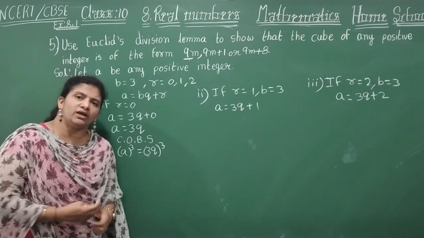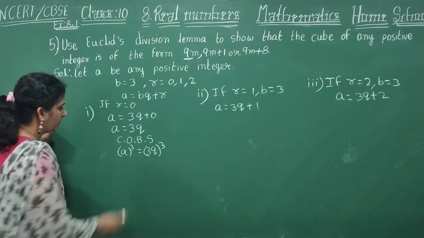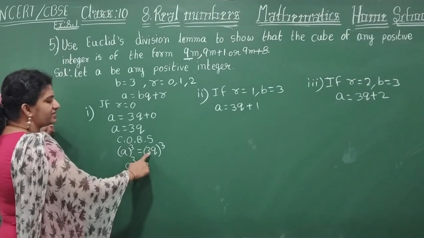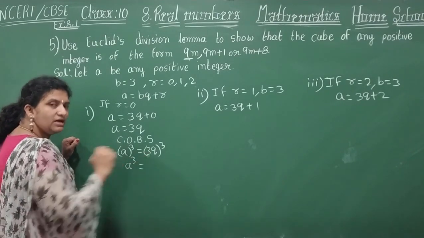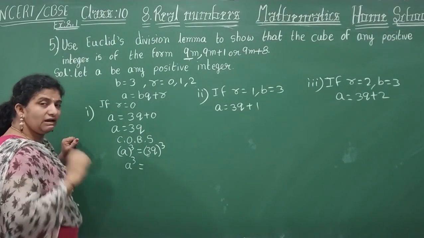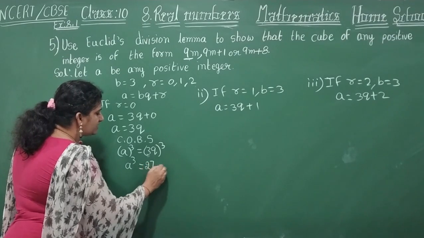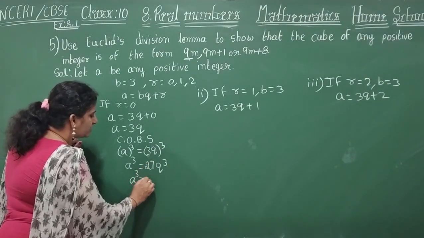Do you know what I mean by cube, children? Multiplying the same number 3 times. a cube is a cube, and this, look here, 3 if it is multiplied 3 times, what happens? 3 3s are 9, 9 3s are 27. 27q cube.